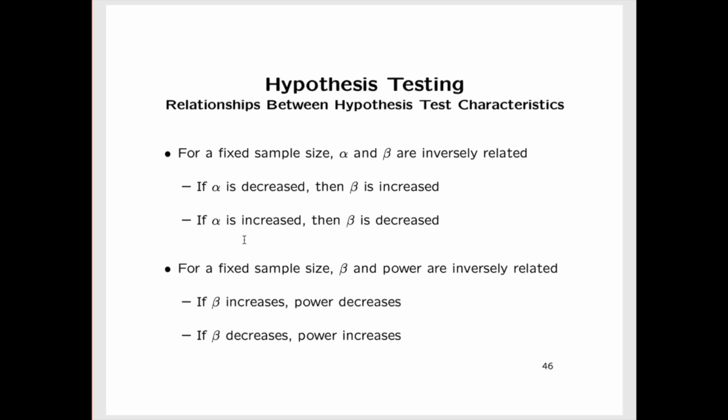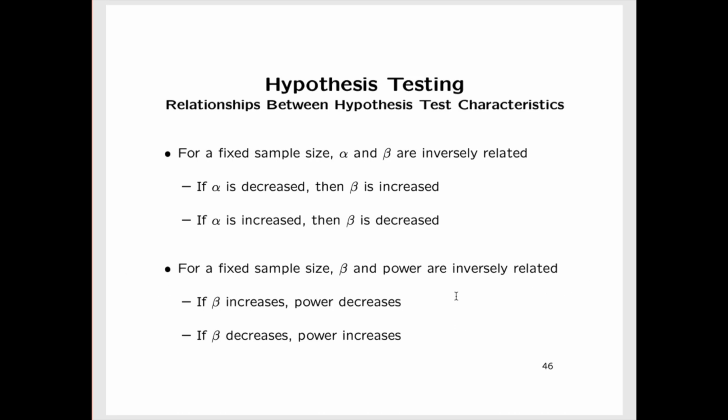We don't have direct control over beta, because beta depends on not only the significance level, but it depends on the true values of the parameters that are being tested, the sample size, the variability in the population, and so forth. But we do have direct control over alpha, so we get to set that. But in general, the impact of alpha on beta is that if alpha is decreased, beta is increased, and if alpha is increased, then beta decreases.